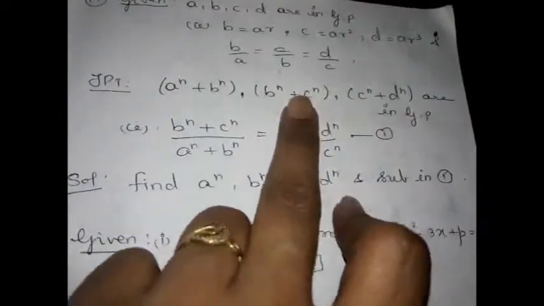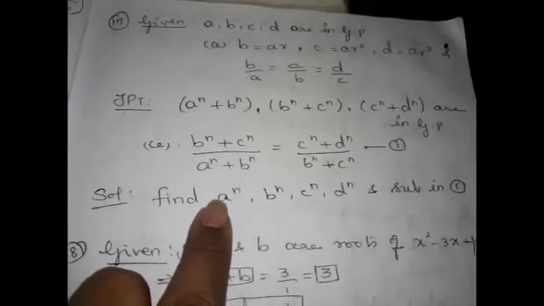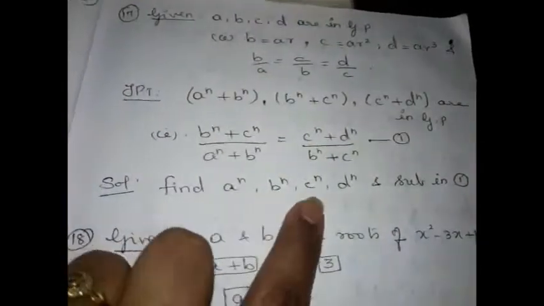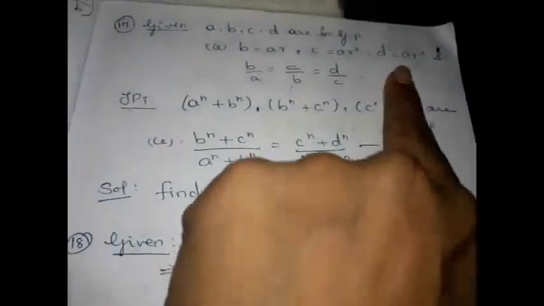So now we need to prove that this is in GP, which means this by this should be equal to this by this. Now we can find what is a power n, b power n. a power n is going to be a power n only. b power n is going to be (ar) the whole power n. c power n is (ar squared) the whole power n. d power n is (ar cube) the whole power n, right?